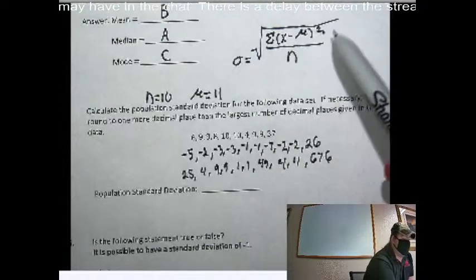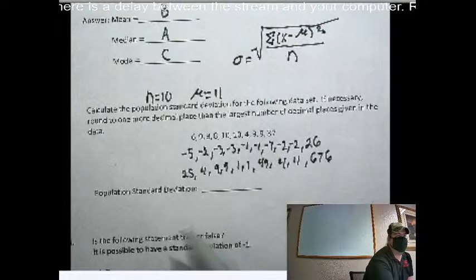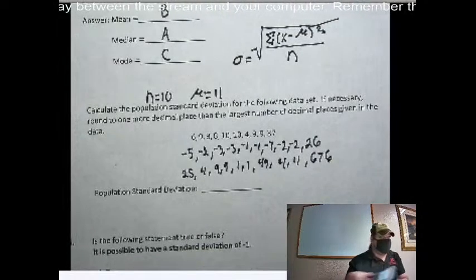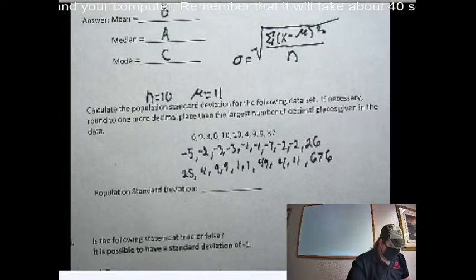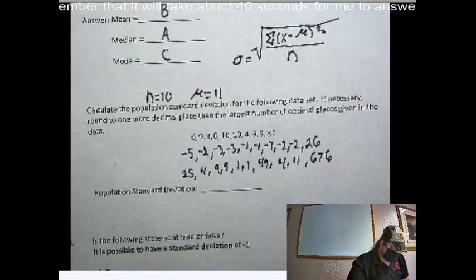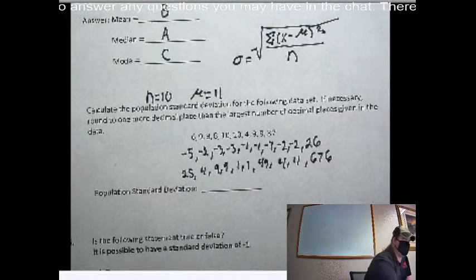So we've got our x minus mu squared. Now we need to take the sum of all of those, so add all of these numbers up. 25 plus 4 plus 9 plus 9 plus 1 plus 1 plus 49 plus 4 plus 4 plus 676 is 782.